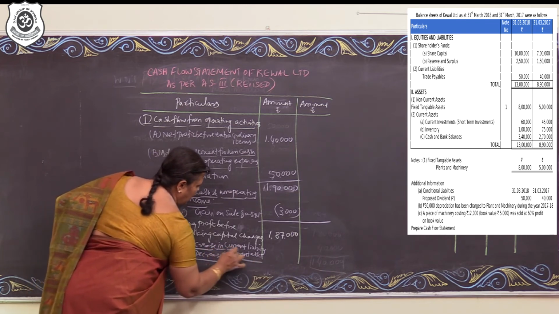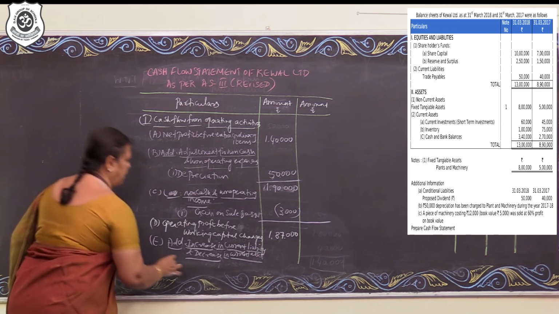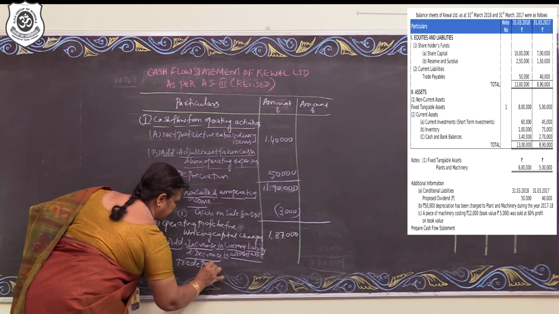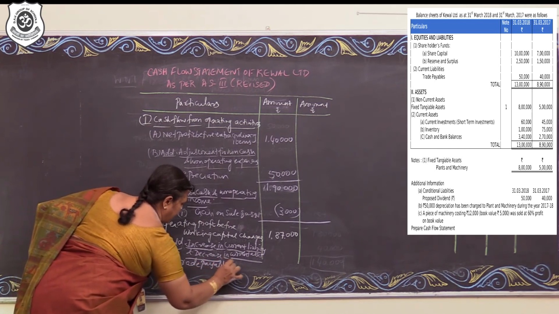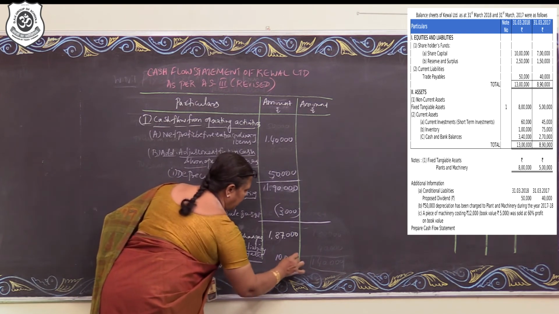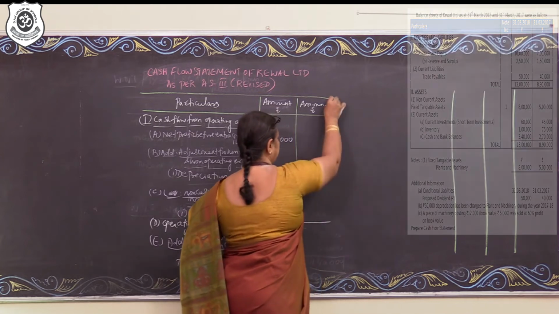We have only one current liability which is increasing, trade payables. Trade payables is increasing by 10,000 rupees.